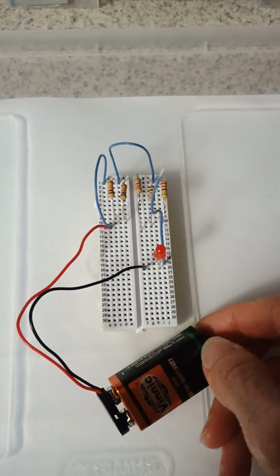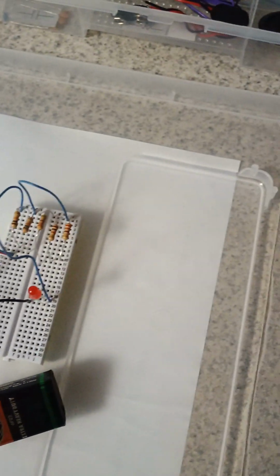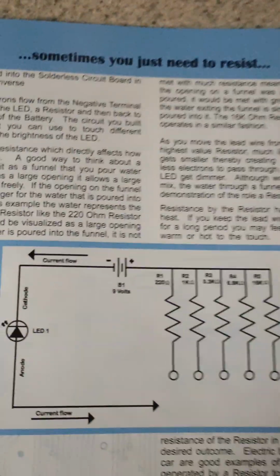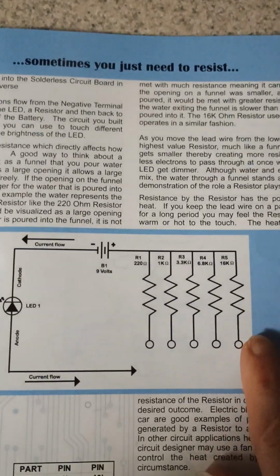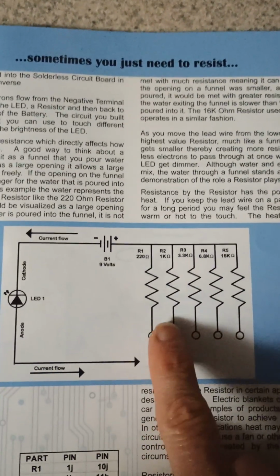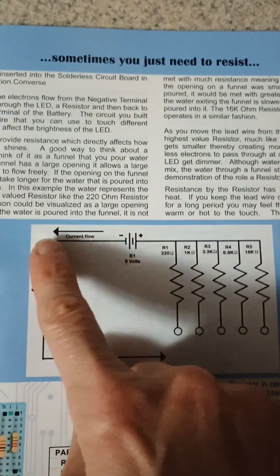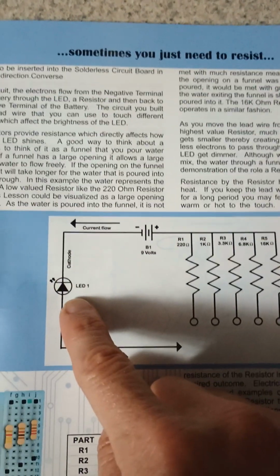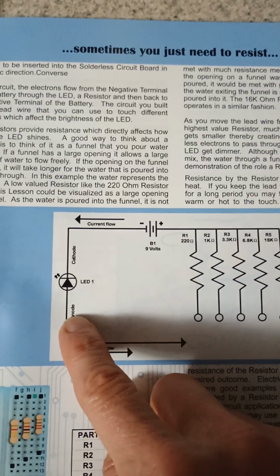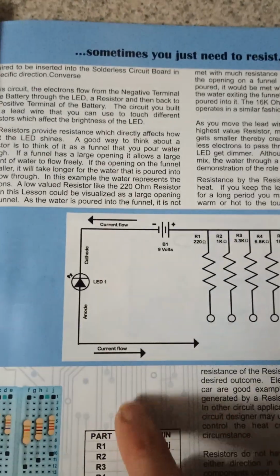Alright, if we look on page 19 in our book, there's a schematics map of what we have done. Resistor 1, 2, 3, 4, and 5. We have our 9-volt battery. We have current flow. We have our cathode with our LED light. We have our anode, and we made sure we put them in the right place.